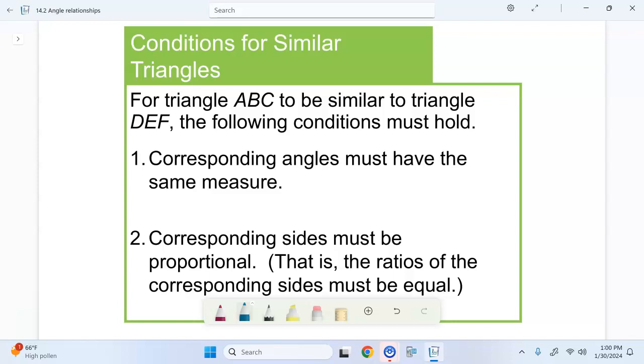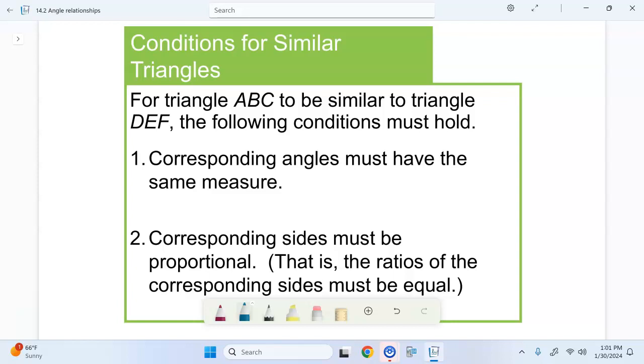Yeah, they're different sizes. Okay? If we look at each individual angle, if the smallest angles of each triangle are the same, the smallest sides will be corresponding. If the largest sides are the same, then the corresponding angles will be the same.